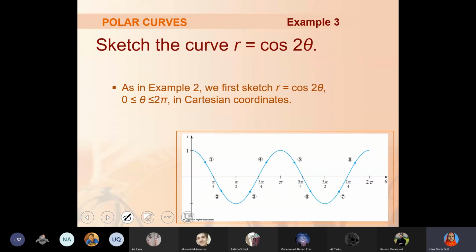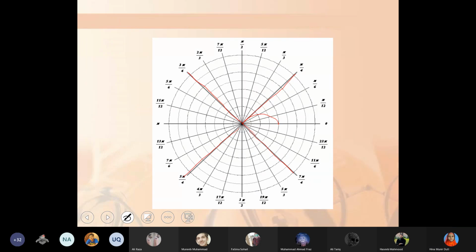So from theta equal to π/4 to π/2, r is decreasing from 0 to -1. From 0 to -1, that is, r is negative. So here is π/4 to π/2.